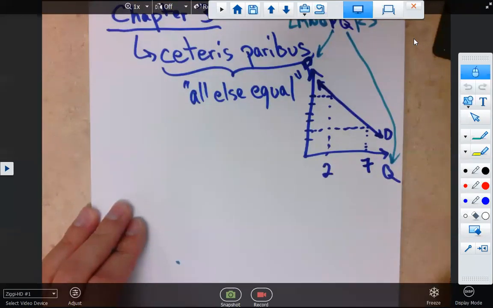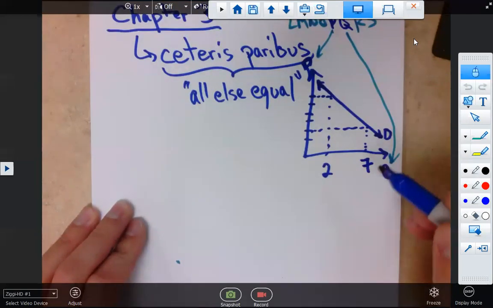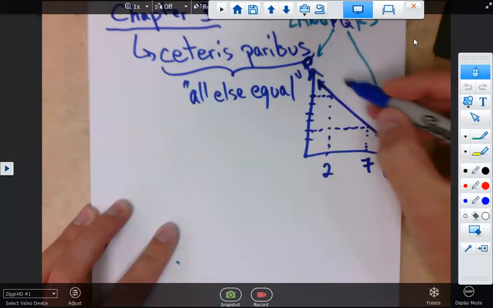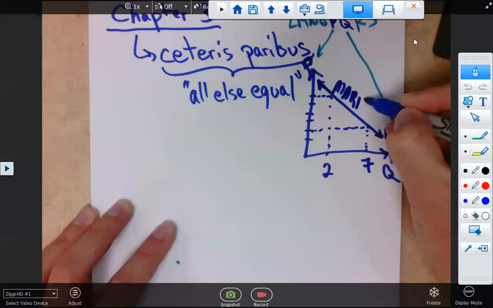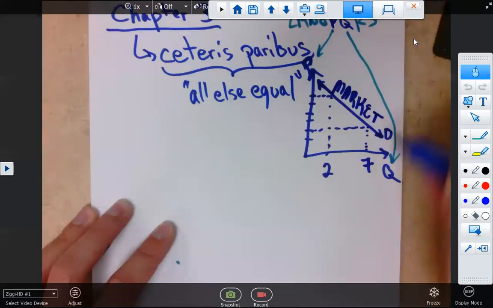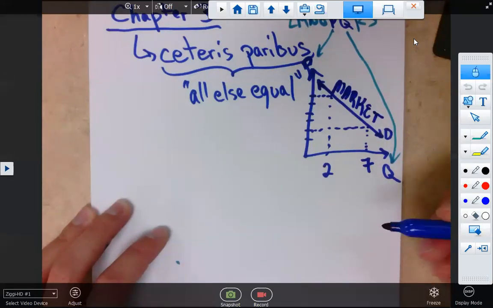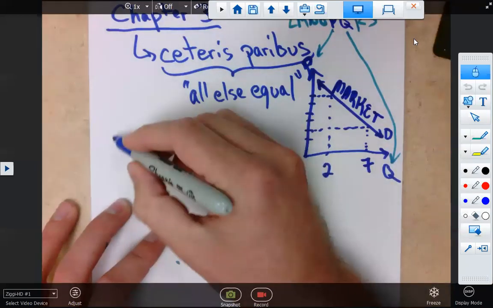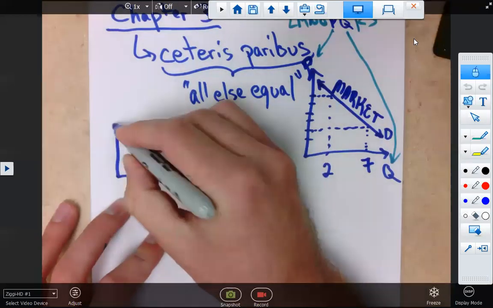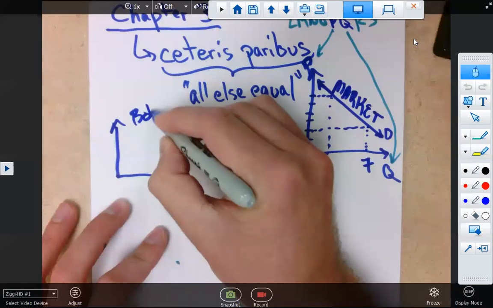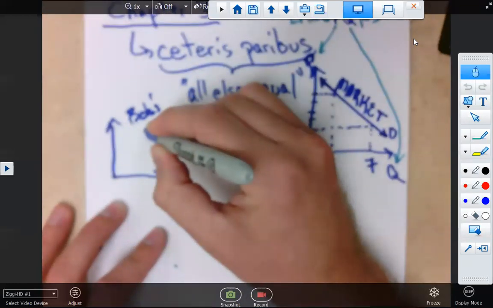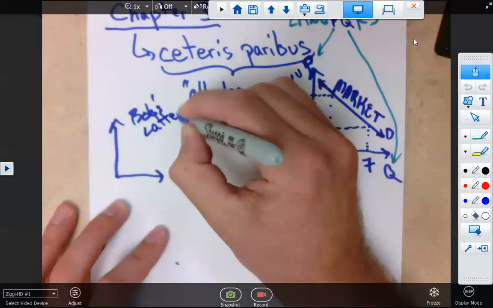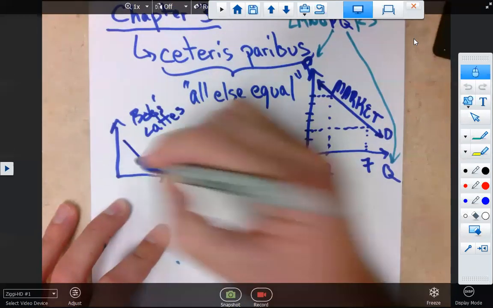Now, at the end of the day, the demand curves that we're really interested in are what's called market demand curves, right? So how do we get to market demand curves? Well, we start with individual demand curves. So this is Bob's demand curve for lattes, right? So he's got a demand curve that's like this.